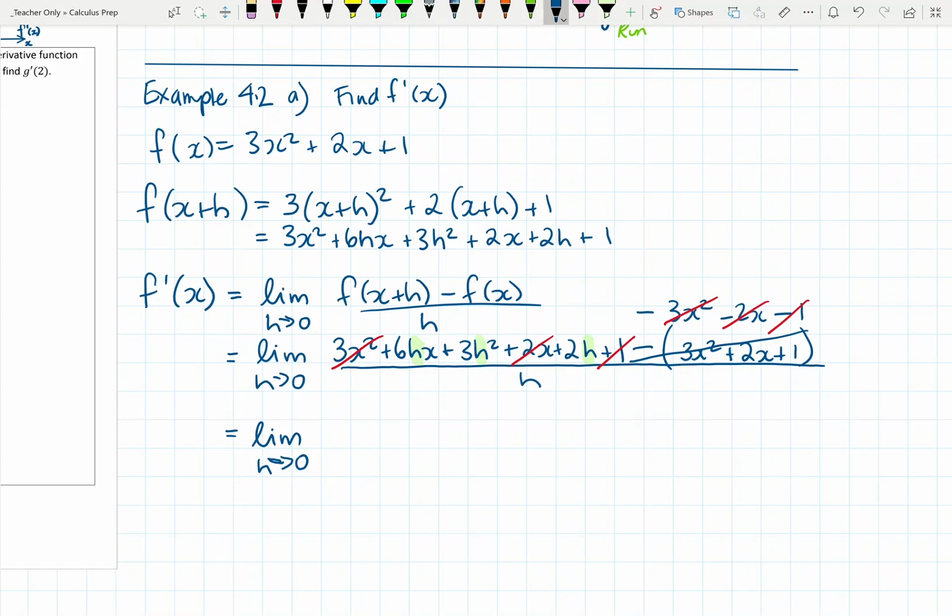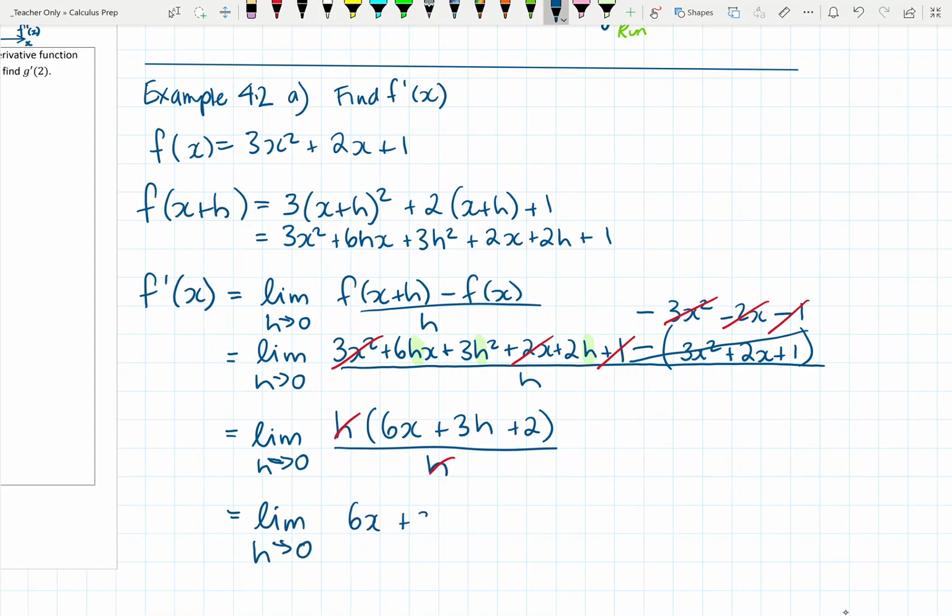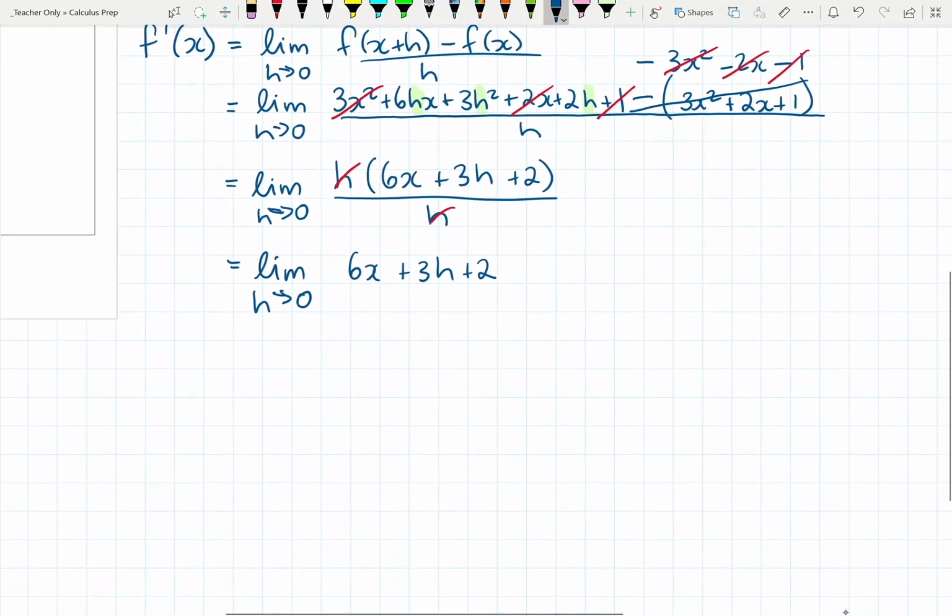So I'm going to factorise straight away in this next step. So I'm left with h outside of 6x plus 3h plus 2 all over h. Then I can cancel my h's and I'm left with the limit as h approaches 0 of 6x plus 3h plus 2. That's as simple as I can possibly make it.